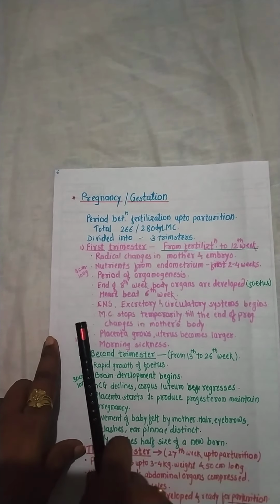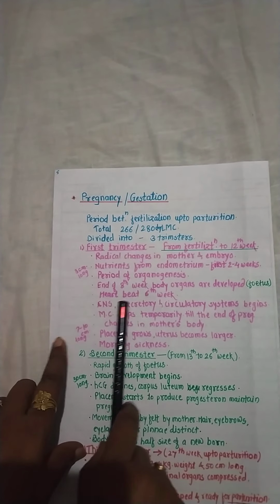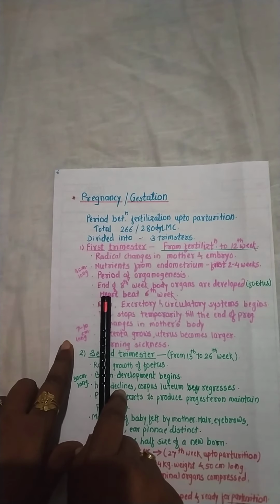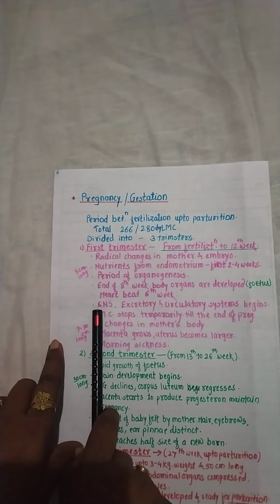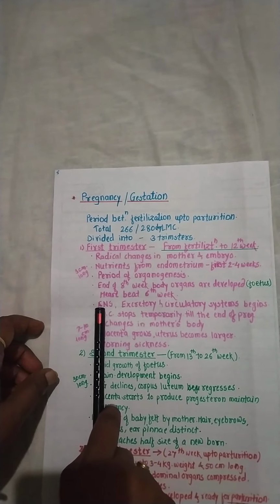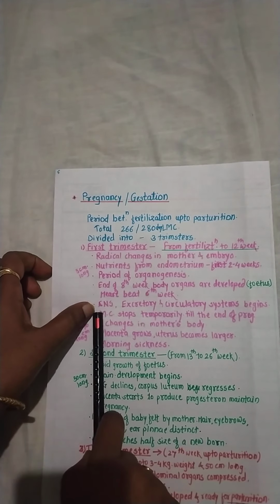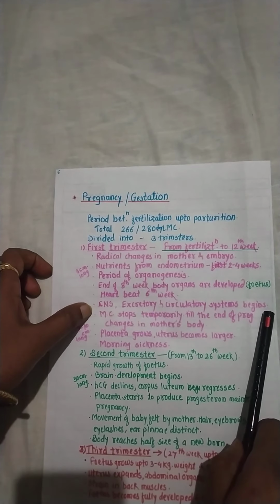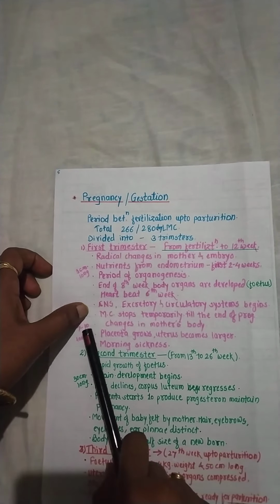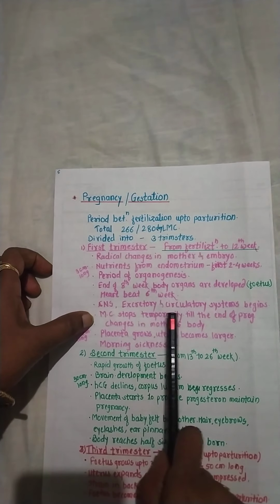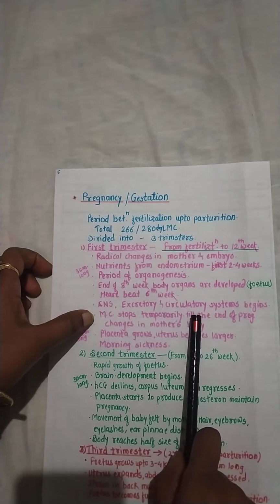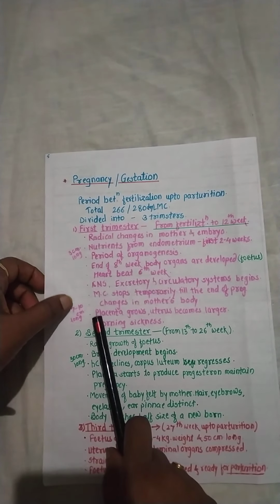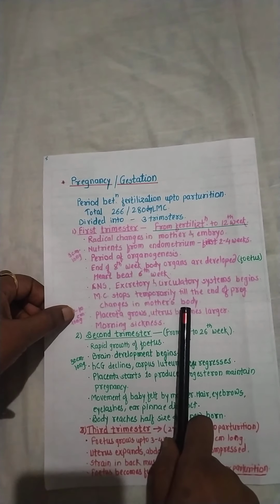Fetus means a little baby. During that time, at the 6th week, the heartbeat begins. Then the central nervous system, CNS, starts to develop. Then excretory and circulatory systems begin to develop. The menstrual cycle stops temporarily, up to the end of the pregnancy. There are changes in the mother's body also.